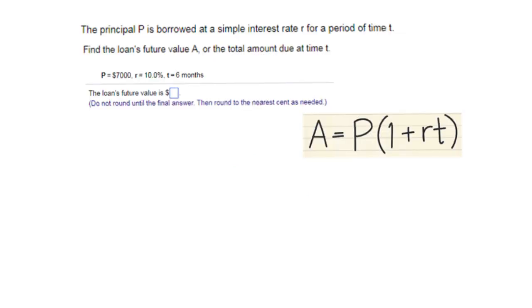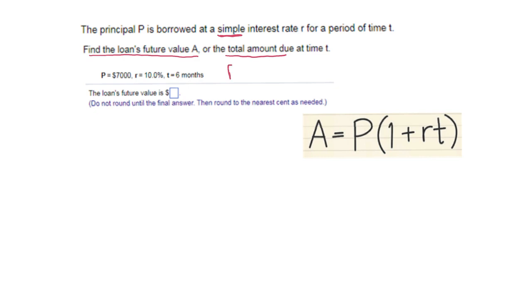The principal P is borrowed at a simple interest rate R for a period of time T. So this word simple tells you which formula you're going to go to. Remember I said we're going to do compound interest next. So when you see that it's also interest, I don't want you to choose the wrong formula. So this one here gives us: find the future value A, or the total amount due, if P is $7,000.